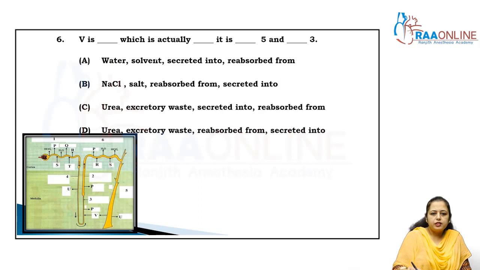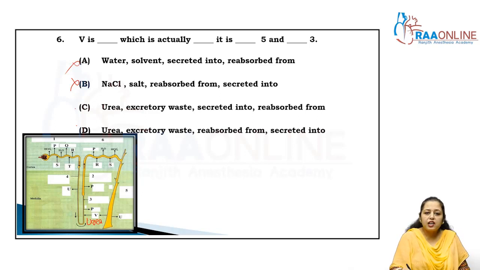Urea is in these options, so these options are wrong, they are cancelled. Urea is the excretory waste product, and excretory waste is given in both options, right?